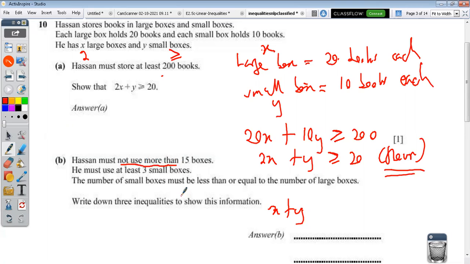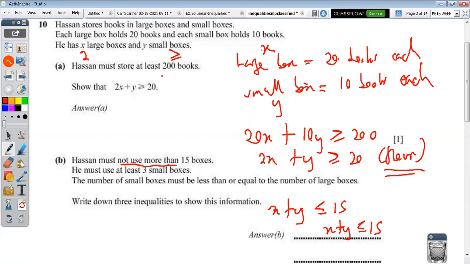Not more than 15 means less than or equal to. It means at most. So x plus y is less than or equal to 15. That's the inequality there.